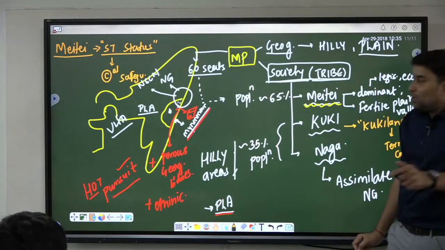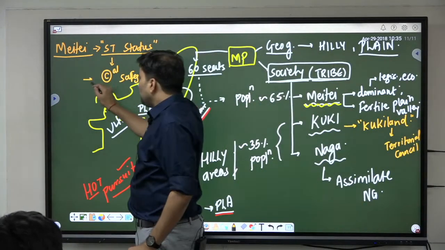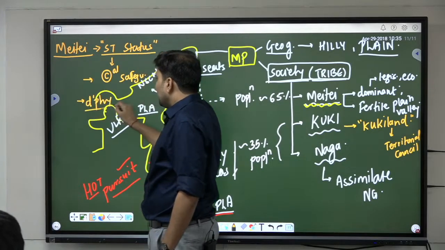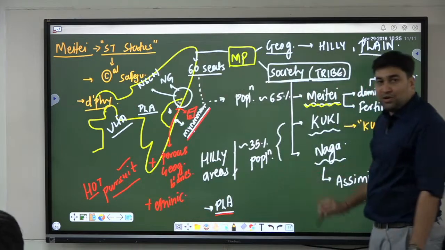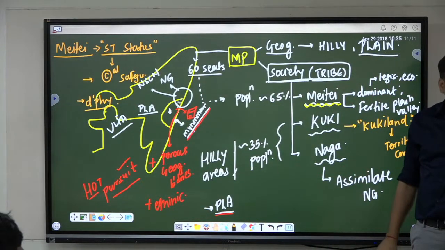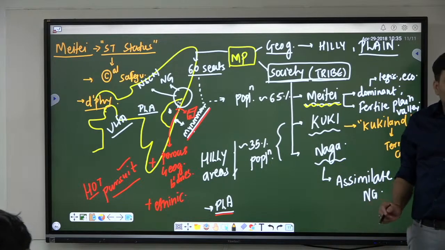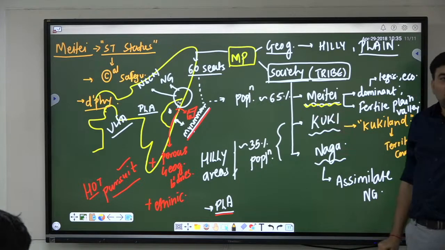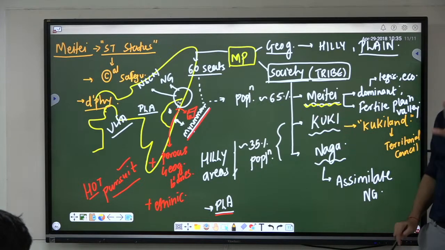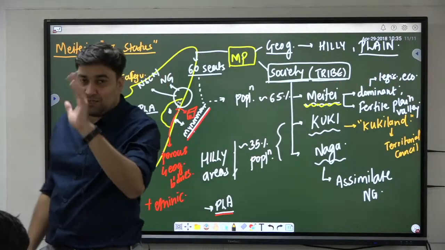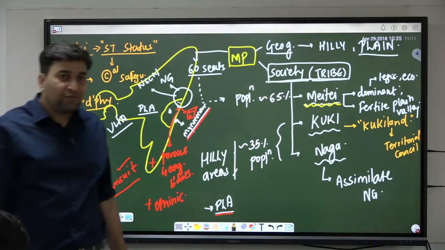Because if you try to understand the demography of Manipur, between the 1951 and 2011 census, our population was about 55 to 60% at that time, and now it is 44%. पहले कितना था? 60% about. अभी हमारा कितना है? 45.